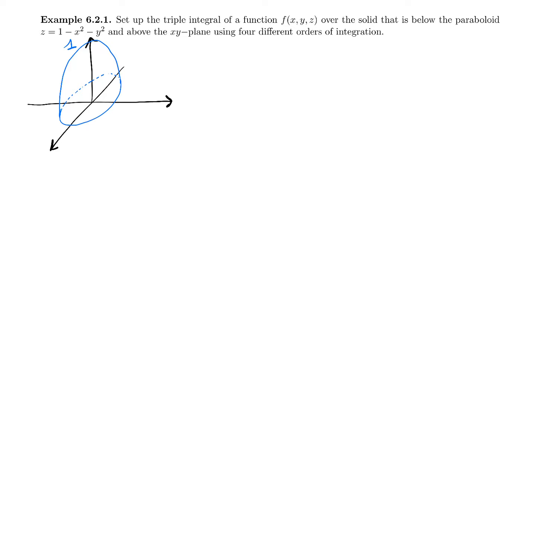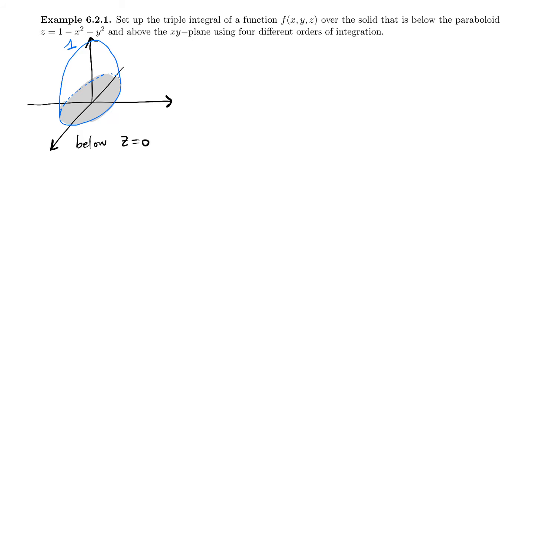So we're going to start by using a type 1 solid, which is going to be bounded above and below. Our lower bound is going to be this solid that I'm shading in gray there, which is actually the xy plane. So below, z is equal to 0, which is the xy plane.